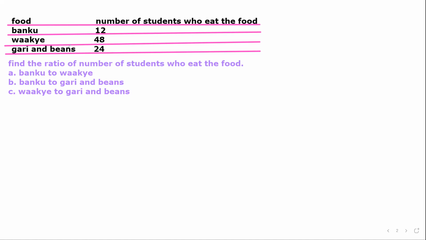We have Gari and beans, 24 students eat Gari and beans. Let's see the questions here. Find the ratio of the number of students who eat the food. The ratio of A, Banku to Waakye, B, Banku to Gari and beans, C, Waakye to Gari and beans. So let me write my solution here. Good.